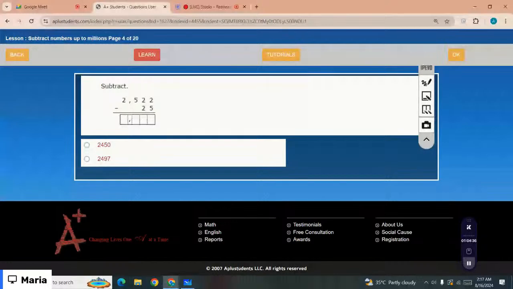The correct option is option number two. Very good. That is 2497 is the correct option. Option two is the correct option. Very good.